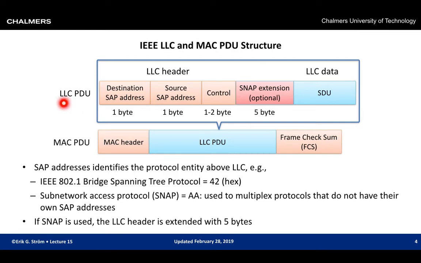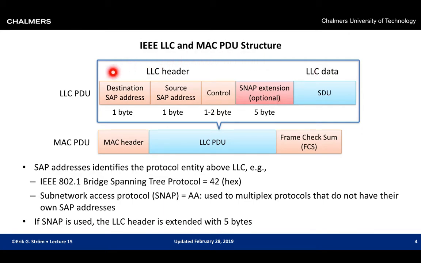Okay, so the link layer PDU consists of some data that the link layer has gotten from above, and then there is some control information here. There's a destination address, a source address, a control byte. And then in certain circumstances, one extends this header by 5 more bytes. We'll talk about that shortly, what that means.